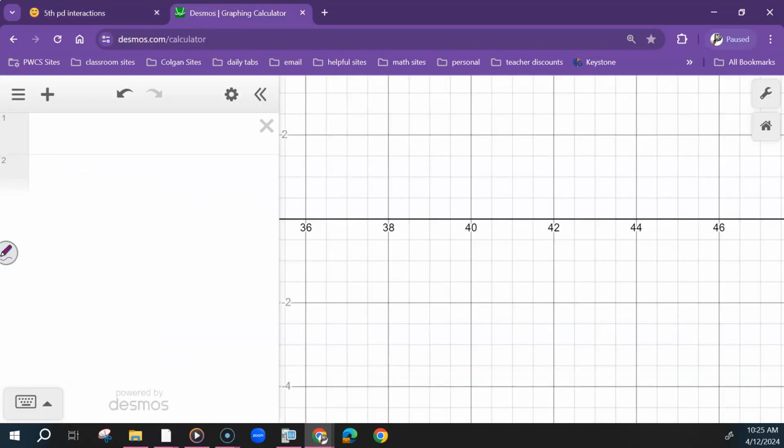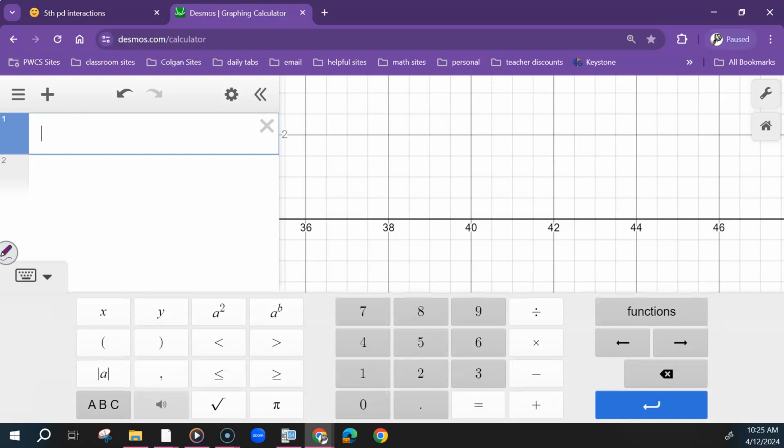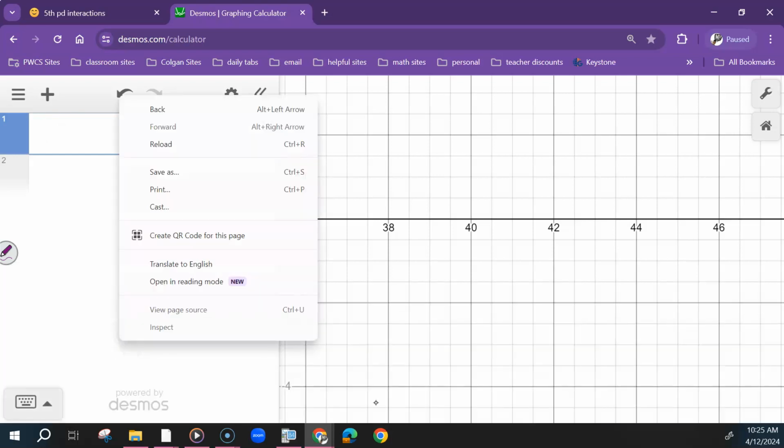So you could do this one of 2 ways: either put 2/3 in for all the x's in parentheses, or put in the equation with capital X's, add in the slider, or change the variable. So I'm just going to put it in using parentheses.